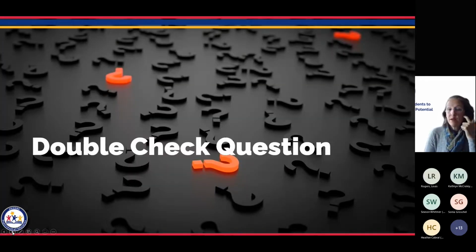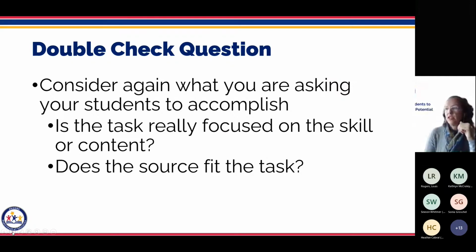So then you want to double check the question. Again, take the time to consider what you are asking your students to accomplish. What is that skill that you want to make sure they are mastering, or that they're just starting to learn? And then ask yourself, is that task really focused on the skill or the content, or are you asking something way off?